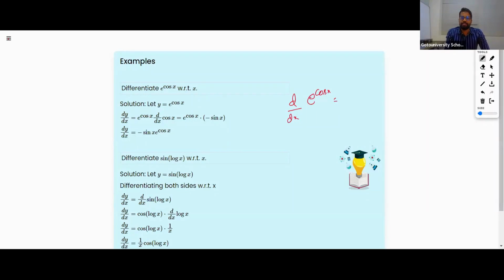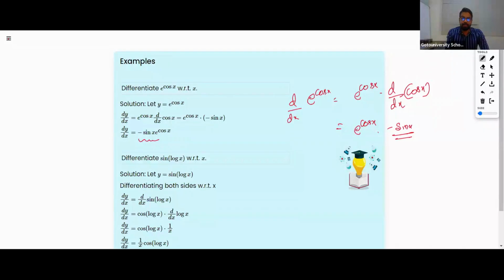We are going to use the chain rule. First, we differentiate e power cos x as it is, and then d by dx of cos x. So e power cos x remains as it is, and the differentiation of cos x is minus sin x. So the final answer is minus sin x into e power cos x.